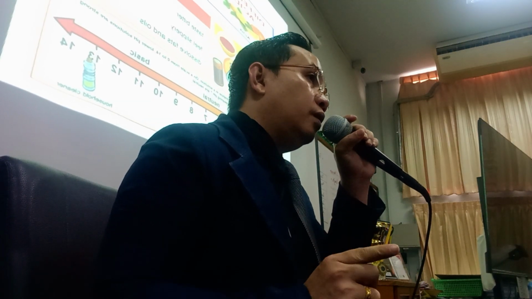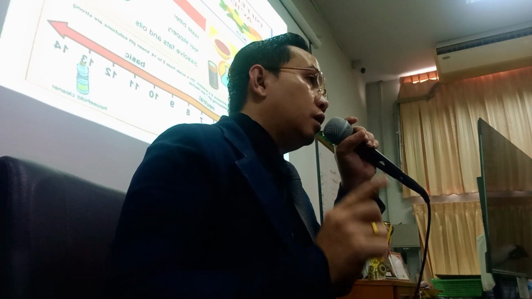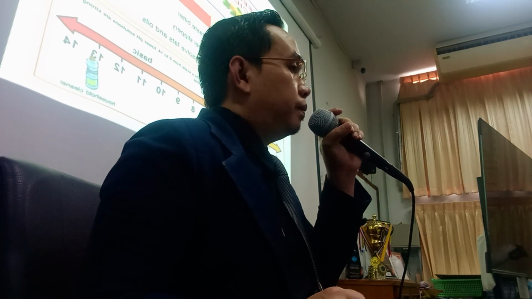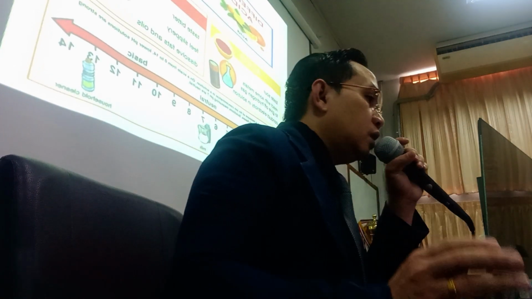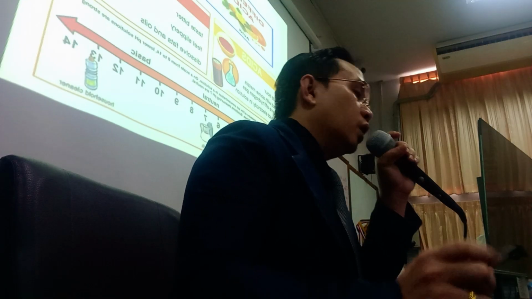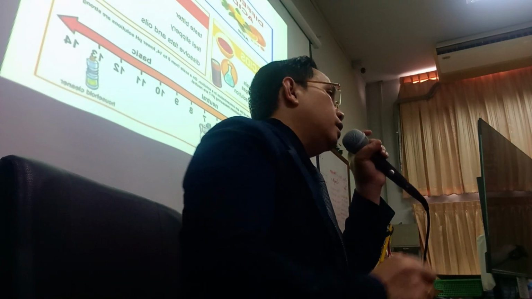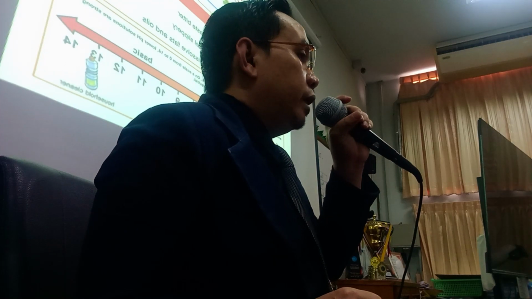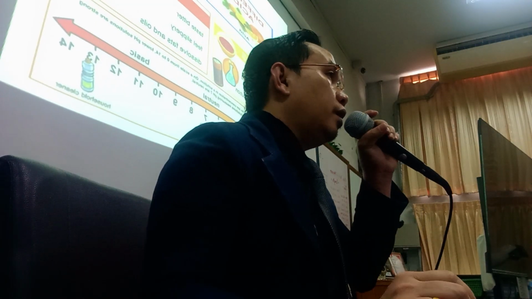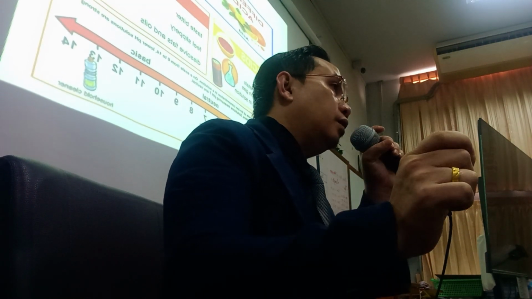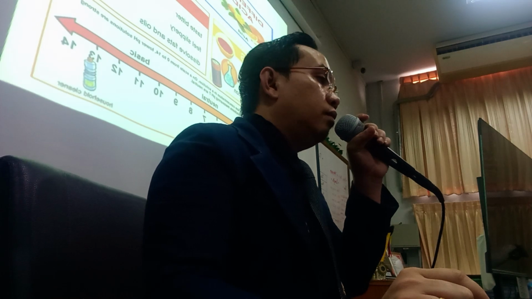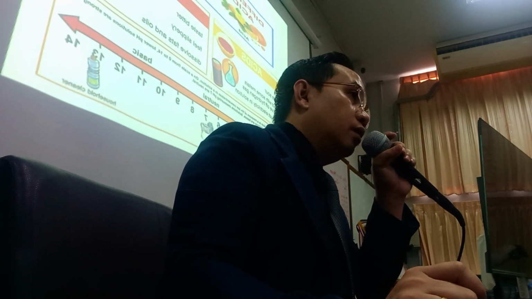Every living organism, animals and humans, needs water. So we have the acidic component, neutral component, and basic component to alkaline level. Those are the indicators to determine the pH level.